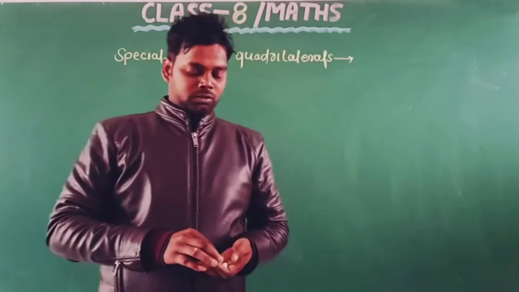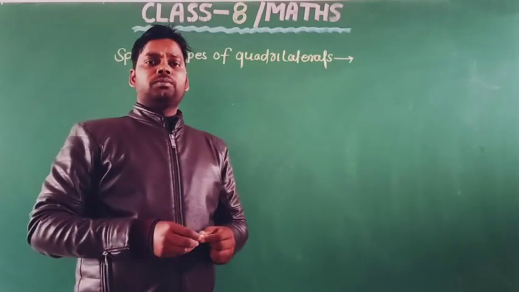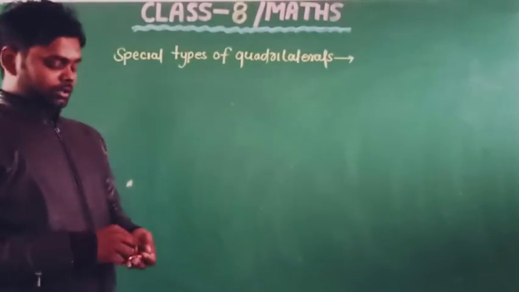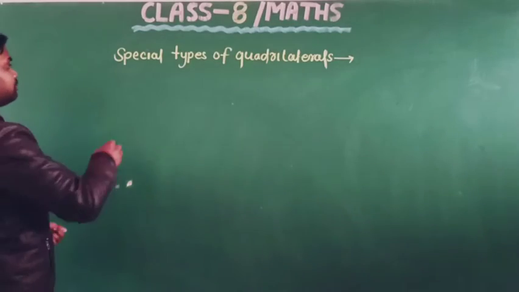Okay, so the first type of quadrilateral is parallelogram.